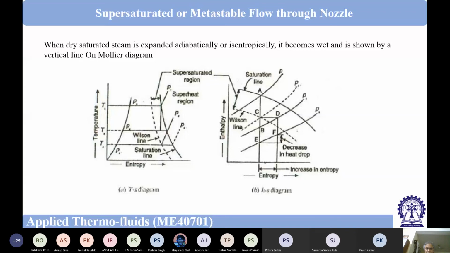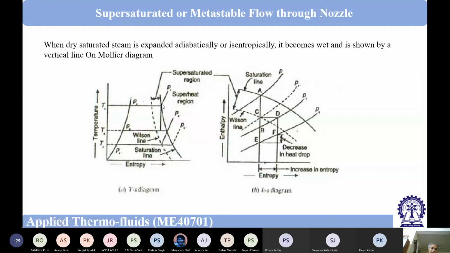Actually, this is something which is taught in connection with steam power plant. So this is, let's say, your TS diagram. This is the steam dome. And let's say this is the expansion process.